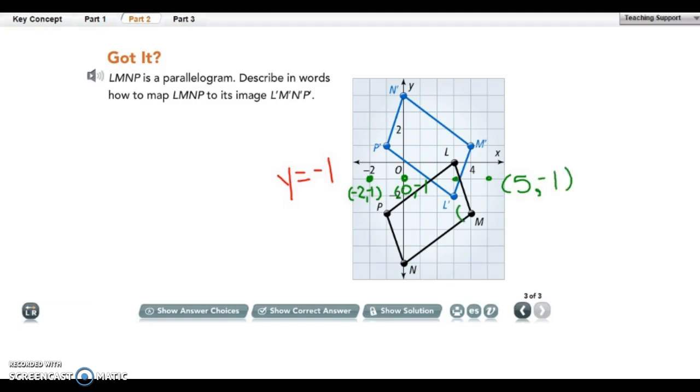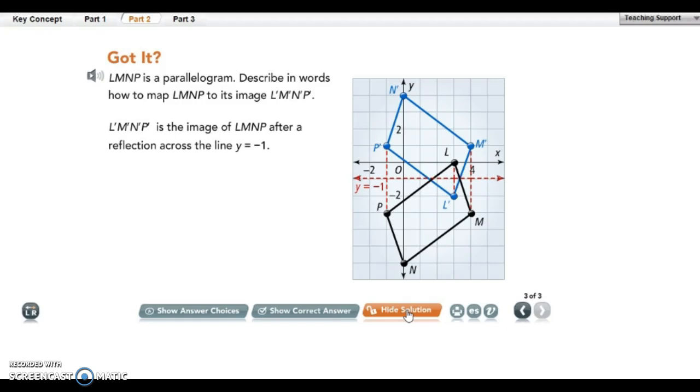This point here is going to be 3, -1. So you can see each time I'm going to have this same -1 on each of my ordered pairs, and each time it's on the y. This one is the x, this one is the y. So each time that's going to be the same, so we know that y is going to equal -1. Therefore, as we're looking for it, LMNP prime is the image of LMNP after it is reflected over the y equals -1 line.